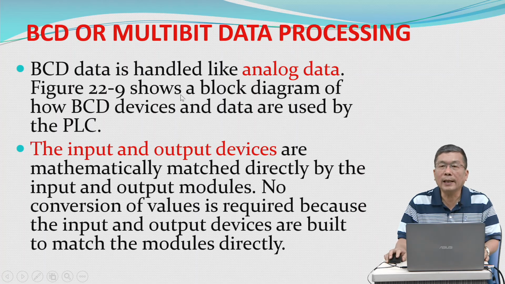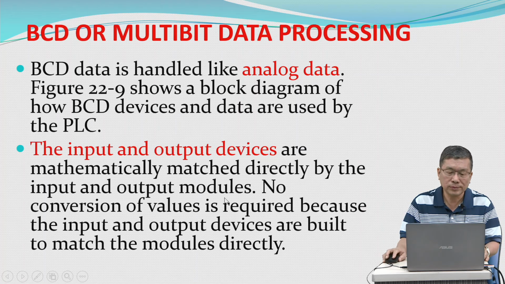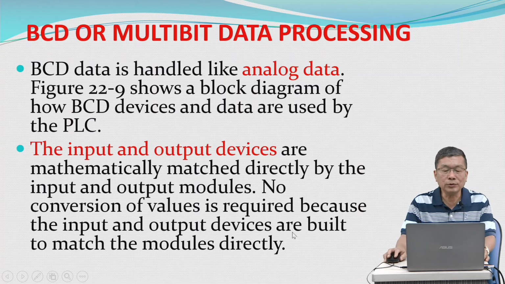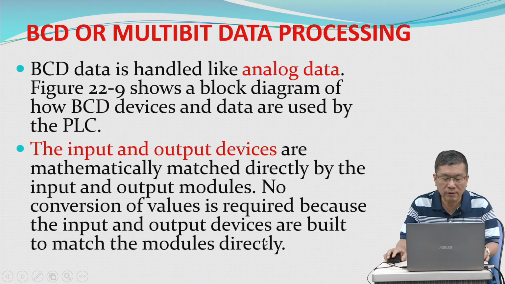The input and output devices are mathematically matched directly by the input and output modules. No conversion of values is required because the input and output devices are built to match the module directly.